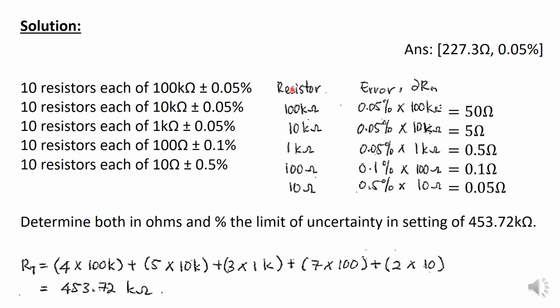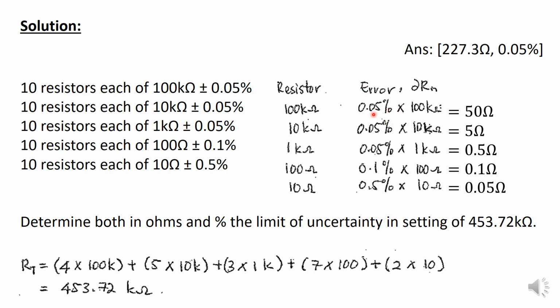Now the question is to find, in ohms and percentage, the limiting error to form 453.72 kilo ohms. Let's find the limiting error in absolute form for each resistor. This is 100k, 10k, 1k, 100 ohm and 10 ohm. Refer to here.